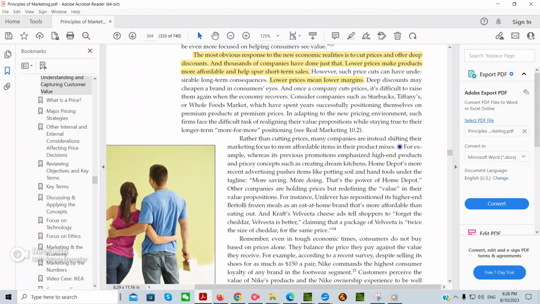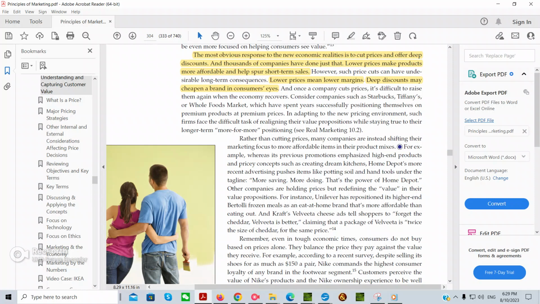Okay. Second of all, deep discounts may cheapen a brand in consumers' eyes. I can tell you the way people perceive things is that even without seeing the features and the benefits, if they see that one thing costs more, they'll automatically get the idea that it must be more valuable because after all, it costs more.